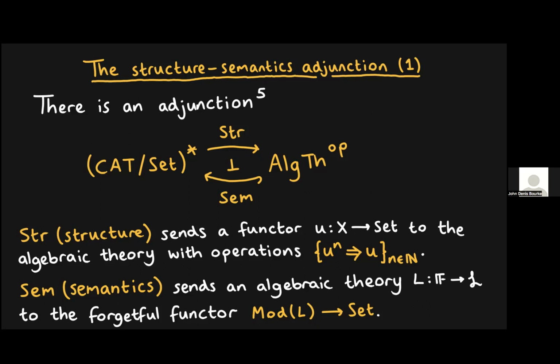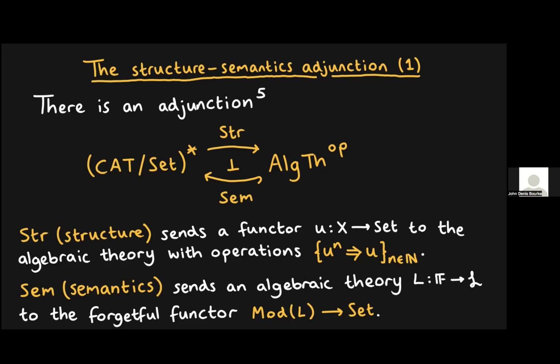But sort of the structure functor is giving us the best approximation of an algebraic theory from an almost forgetful functor. And so in particular, if we have an algebraic theory, look at its forgetful functor, and form an algebraic theory from the forgetful functor, we get back the original algebraic theory. But we can start with something that's not quite a forgetful functor and get an algebraic theory out.